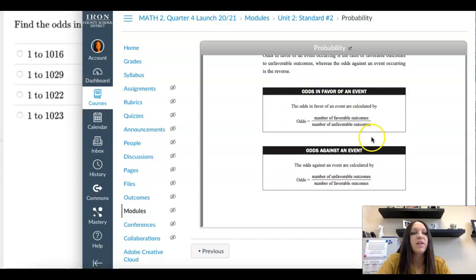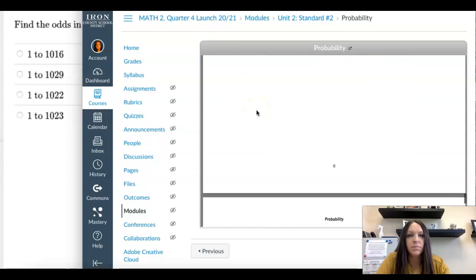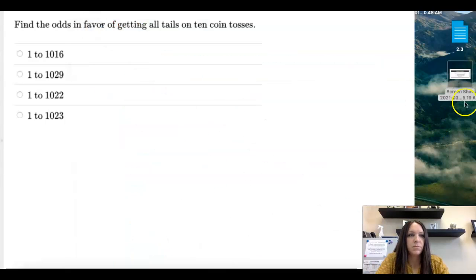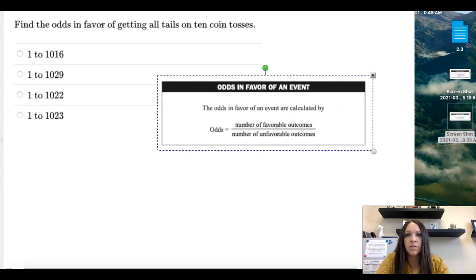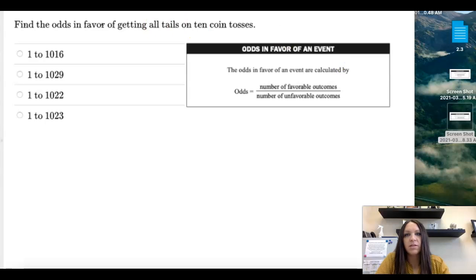Okay, so odds in favor for an event and against an event. So we're going to look at this one. So we want favorable outcomes over unfavorable outcomes.